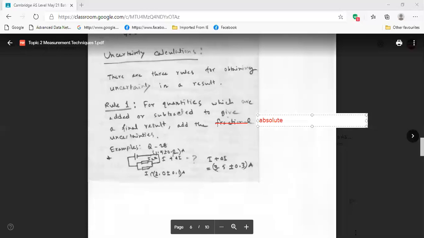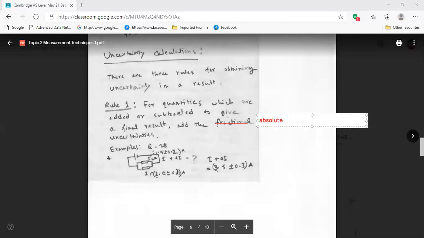Why is it different? Because we are using two ammeters, and two ammeters have different minimum values, right? One ammeter can measure to 0.1 accuracy minimum, and another one to 0.2. That's why we wrote their uncertainty accordingly, 0.2 and 0.1.